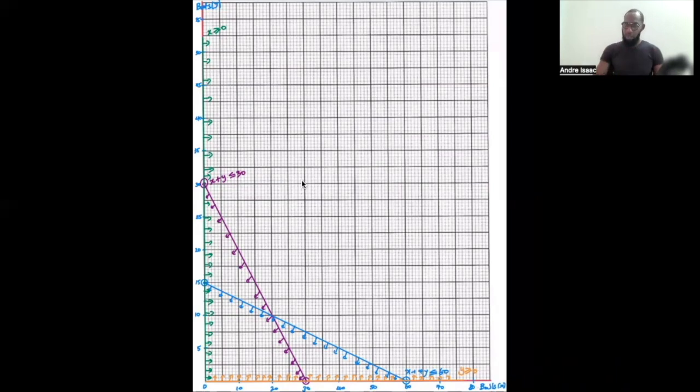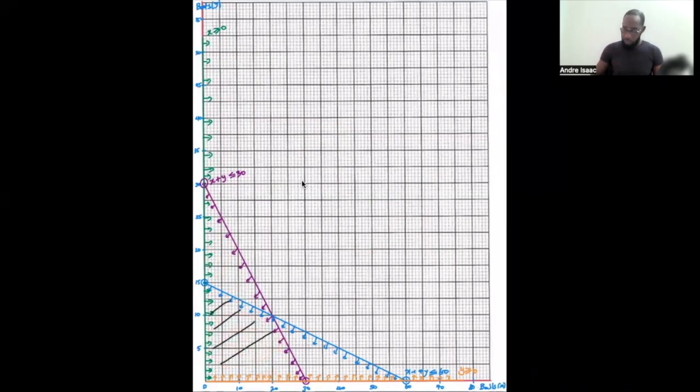Here the green is everything out here, but the purple is everything below here. All right. But the blue is everything here. We can't go beyond the purple, right? So we have the blue here, the purple here, the orange here, and the green here. So inside here represents the shaded region. So we're going to shade that.